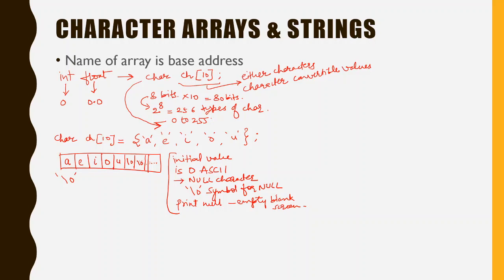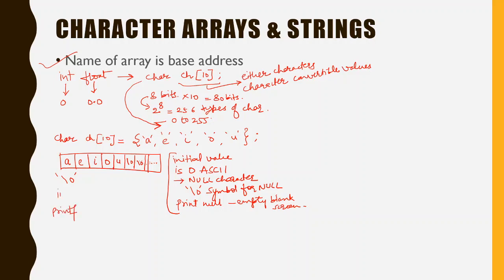Fine. One more thing that will be used in this topic is that the name of an array is its base address. This is a universal truth to be considered: the name of an array is the base address of the array.